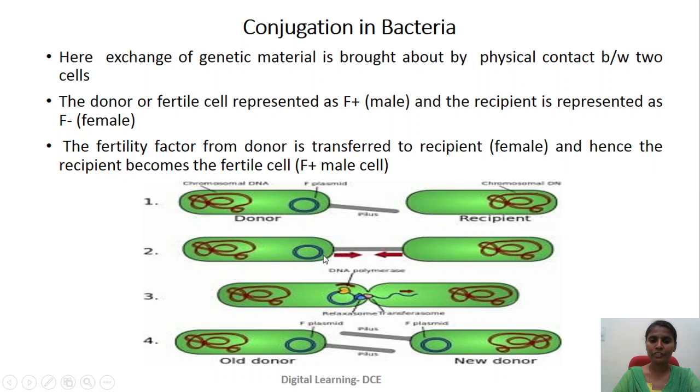One of the strands of this plasmid moves through the conjugation tube or sex pili from the donor to the recipient, and inside the recipient the single stranded plasmid undergoes replication to form a double-stranded circular DNA molecule, so that the recipient cell becomes an F plus cell again. So, in conjugation, the transfer of genetic material from the donor to the recipient takes place through the conjugation tube.